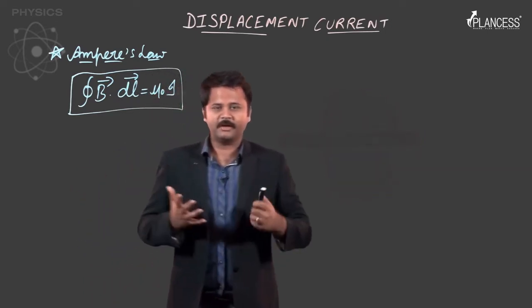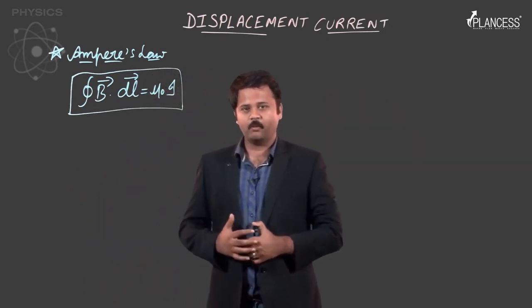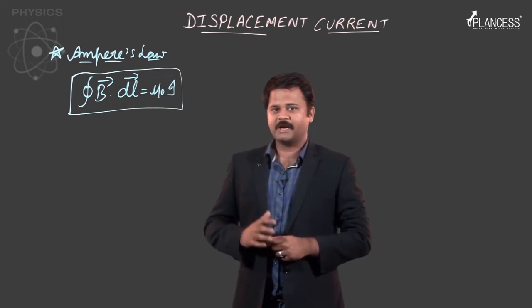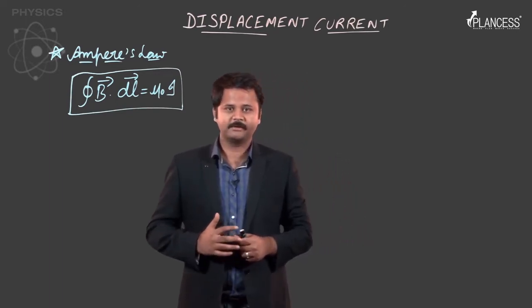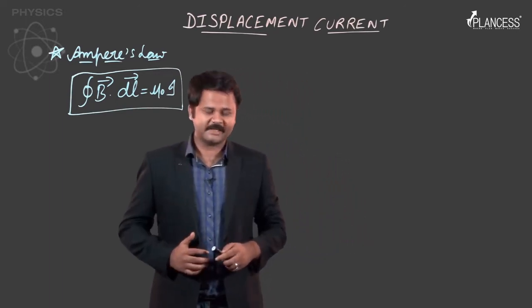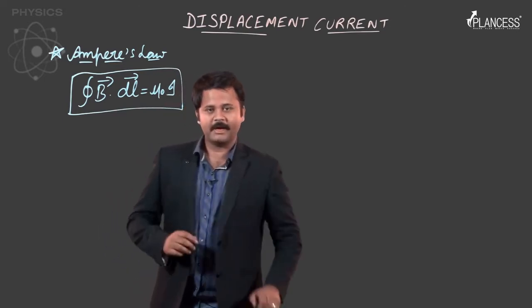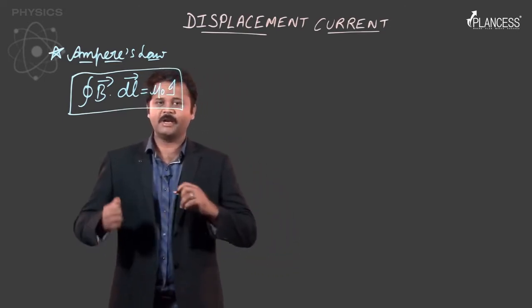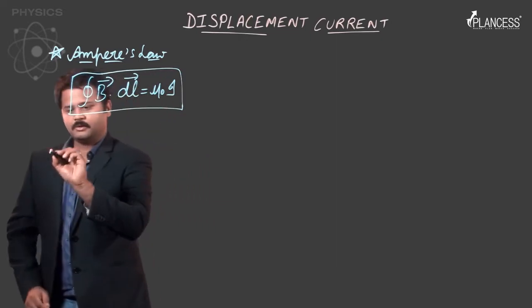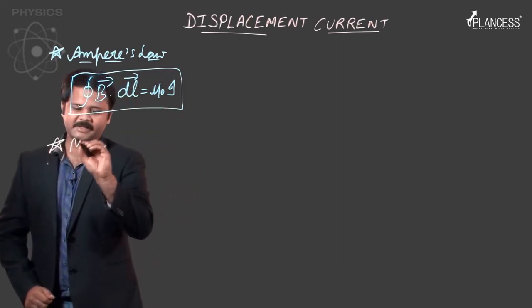Now there was another very important scientist whose name was Maxwell. He was studying electromagnetic waves. What he did in one of his experiments was, he took a circuit in which he had only a capacitor. So now we will be studying Maxwell's experiment.